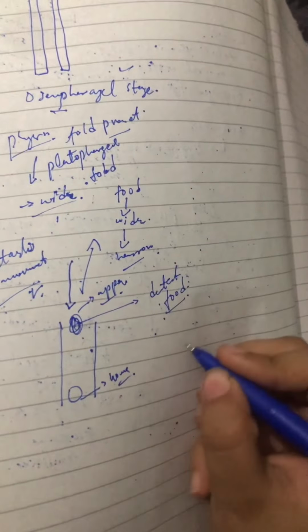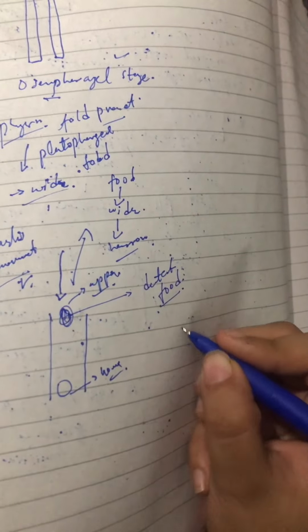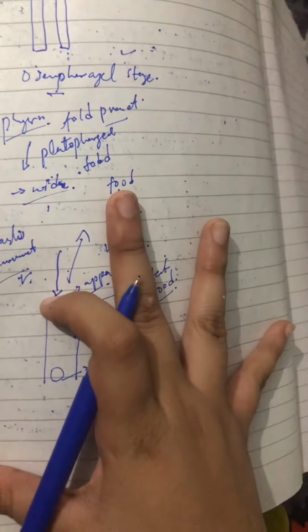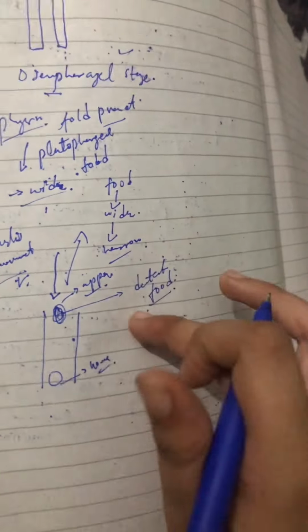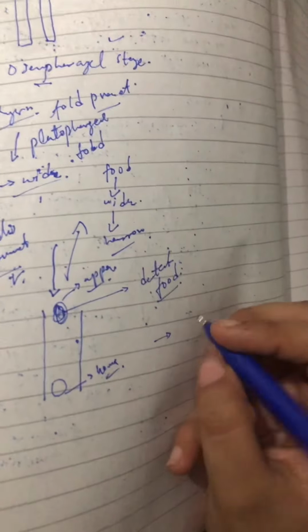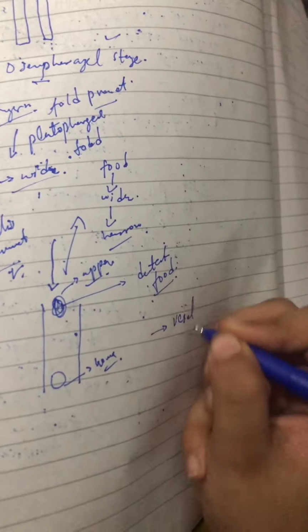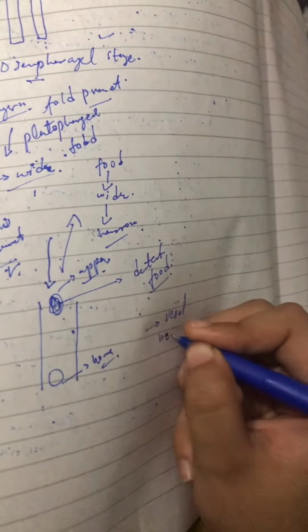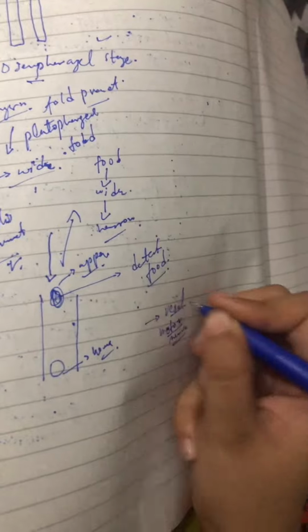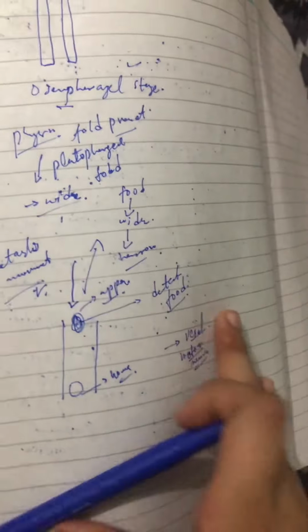Basically, this impulse will be generated by this whole pharyngeal stage, or we can say the detection of the food in the esophagus. This will be controlled by the vagus motor nerve.